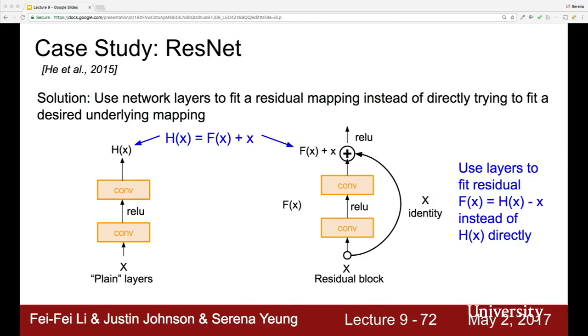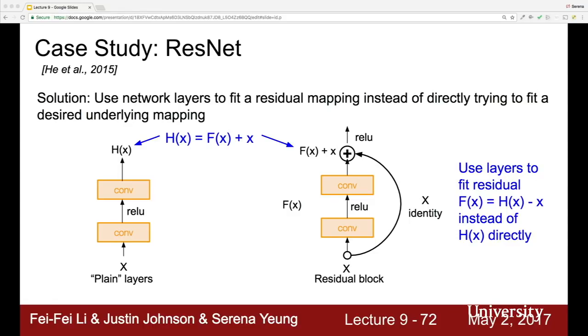But what we saw earlier is that it's hard to learn a good h of x as we get very deep networks. So here the idea is to break it down: h of x is equal to f of x plus x, and let's just try to learn f of x. Instead of learning h of x directly, we just want to learn what we need to add or subtract to our input as we move on to the next layer. So you can think of it as modifying this input in place, in a sense.